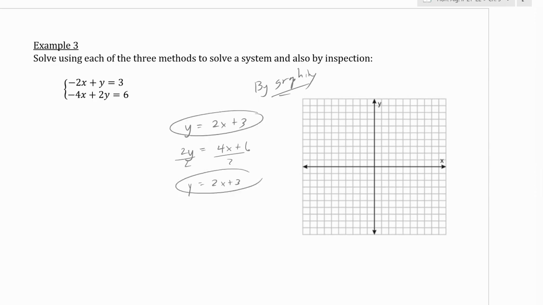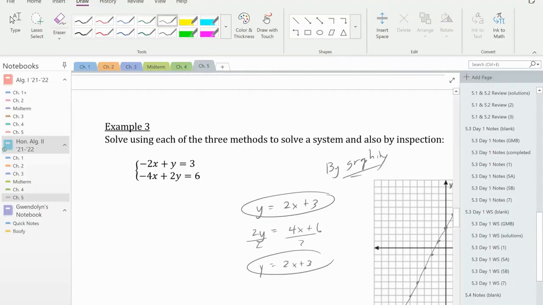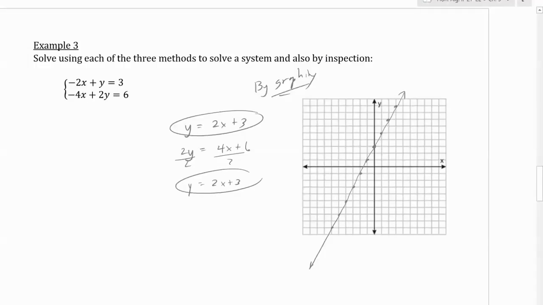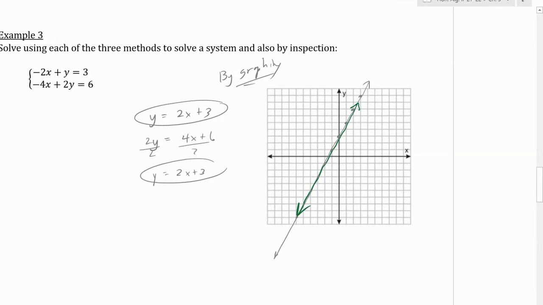Oh, there's both lines. 2x plus 3, rise 2, run 1. So I guess if I did both two different colors, you can see them. It's the same line. So every single point on that line is a solution.